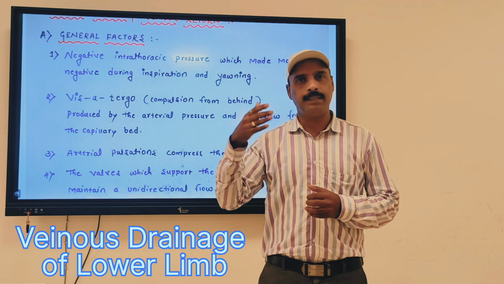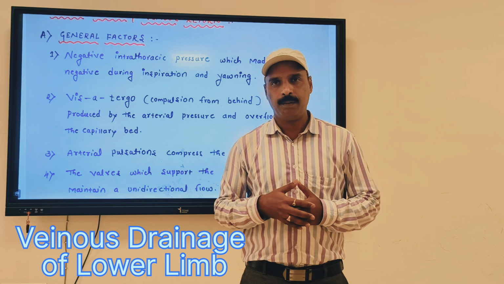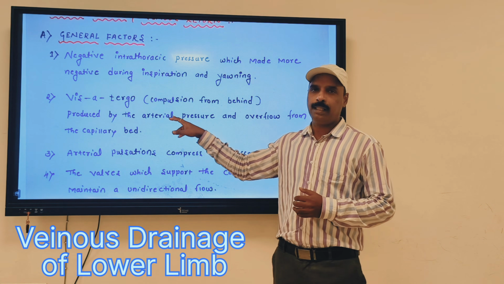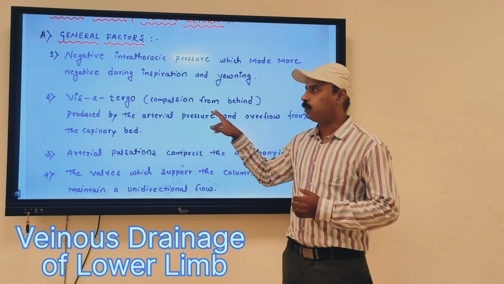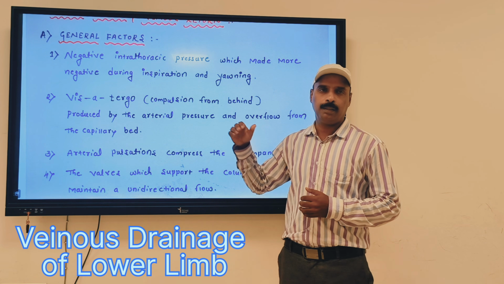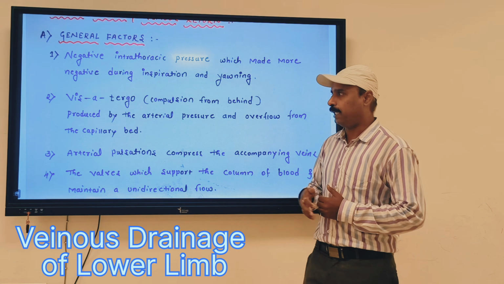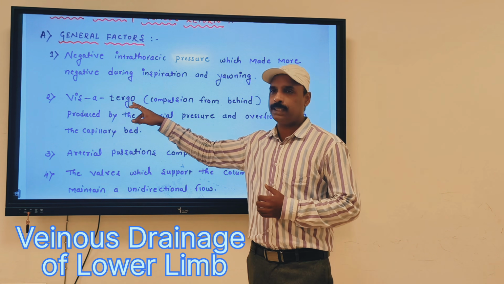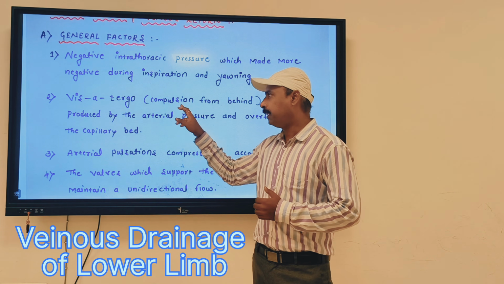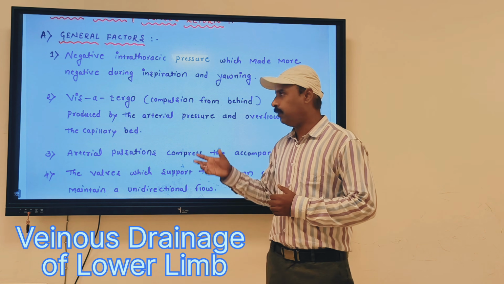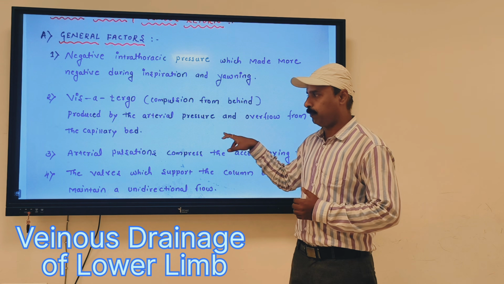From the capillary beds, this overflow due to arterial pressure also helps the venous return of the lower limb towards the thorax. That we call vis a tergo, compulsion from behind. That is one factor you have to remember.